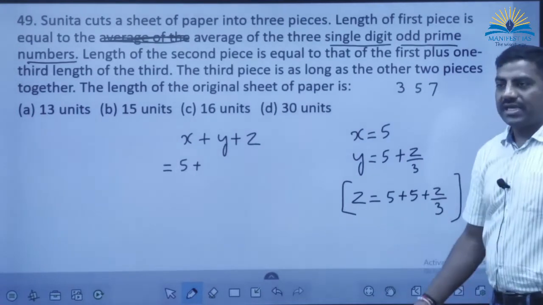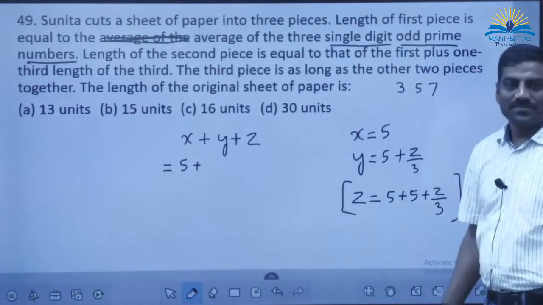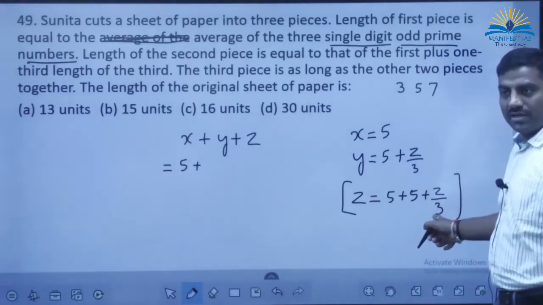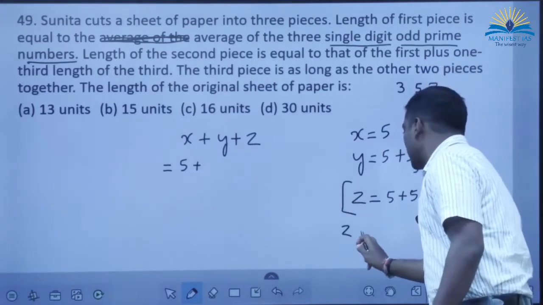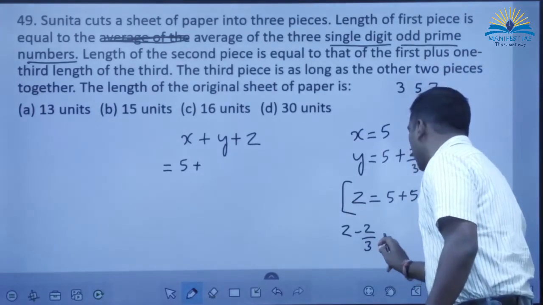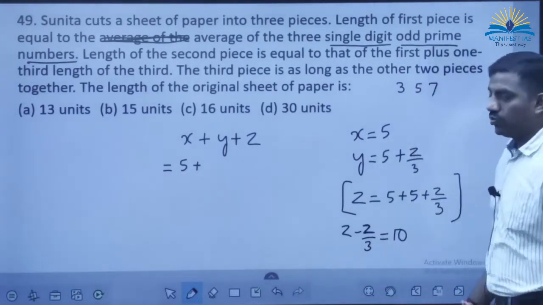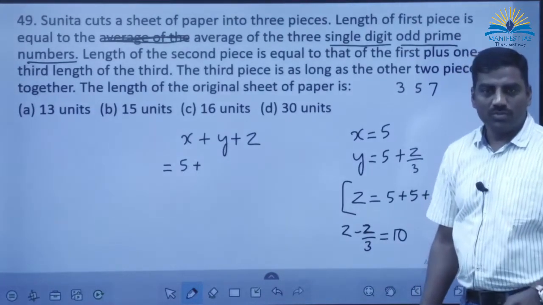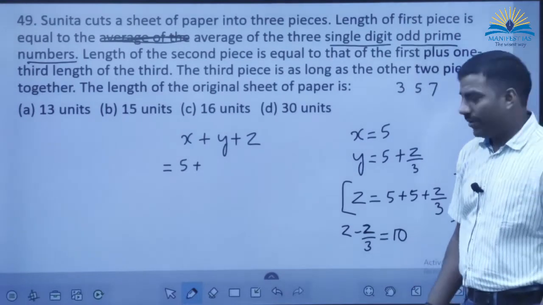How many variables are there in this equation? 1. How many equations are there? 1. Can we get the Z value here? So bring Z this side, Z by 3. Z minus Z by 3 is equal to 10. This is Z, okay? Don't confuse with 2. And you also be careful while writing Z and 2. While you are revising, you don't know what you have written, okay?